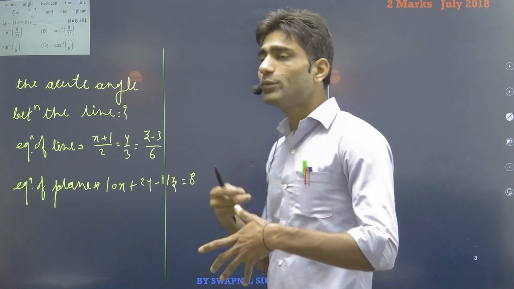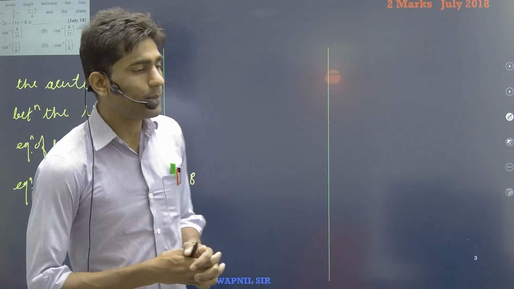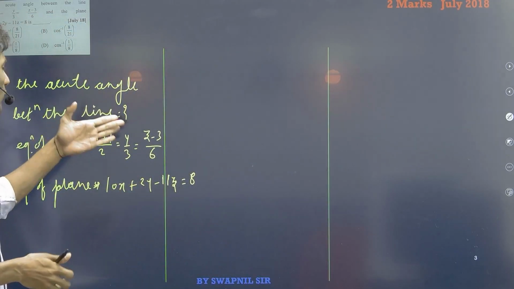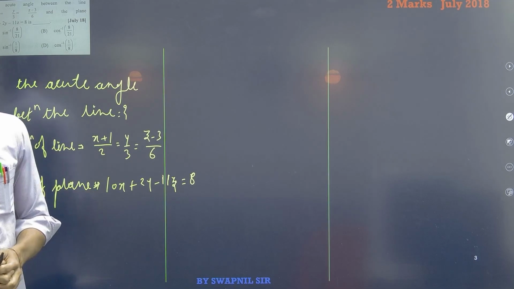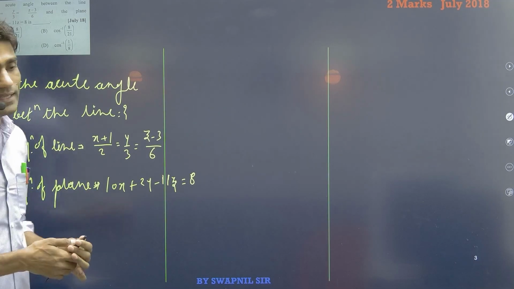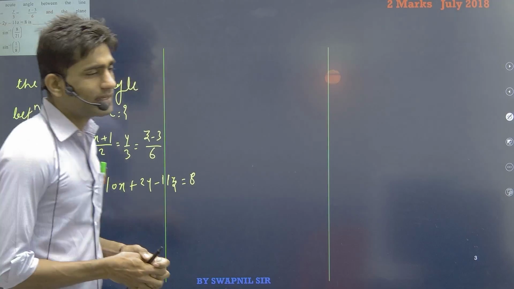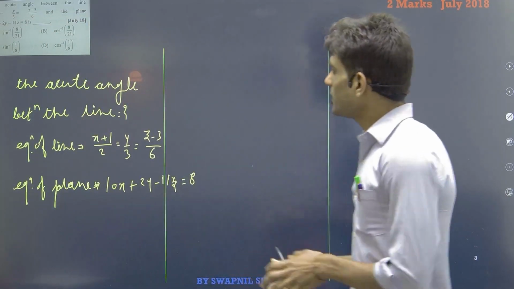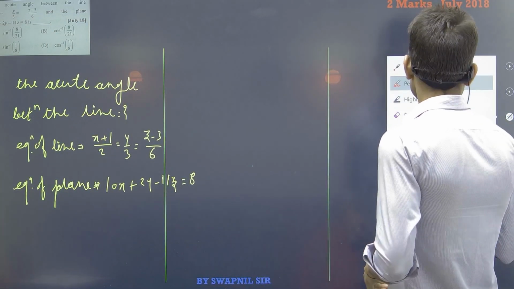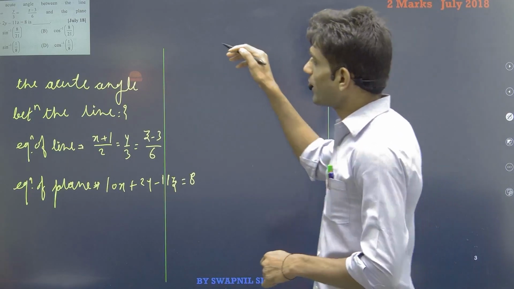When we have the equations of a line and a plane given, and we want the acute angle between them, in this case we use the result for sine theta. How can we write the acute angle between the line and plane?